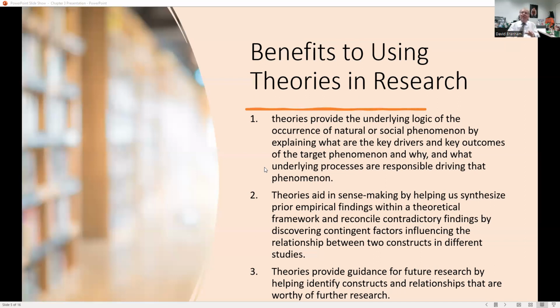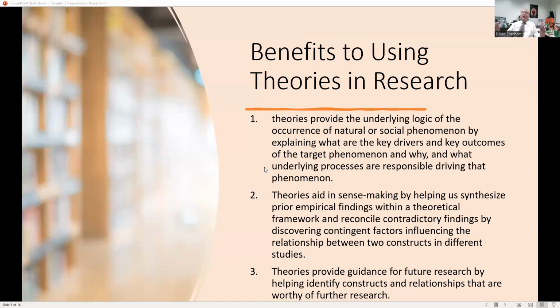Theories aid in sense making by helping us synthesize prior empirical findings. Sometimes there's a lot of empirical findings, and theory can bring those together within a theoretical framework, and reconcile contradictory findings by discovering contingent factors influencing the relationship between two constructs in different studies. So theories help us simplify things.